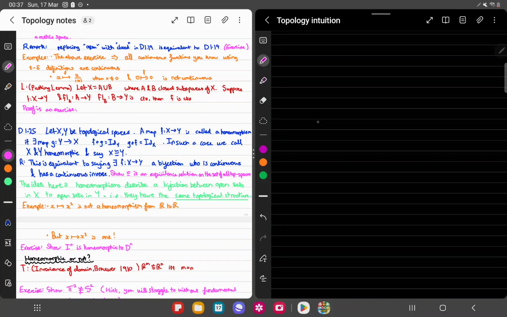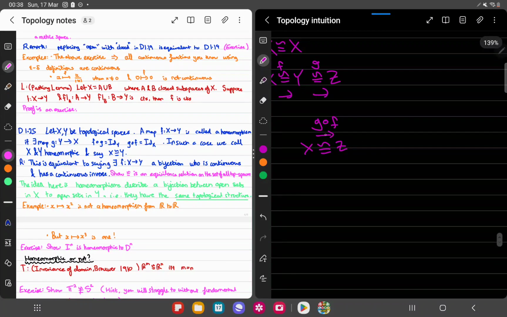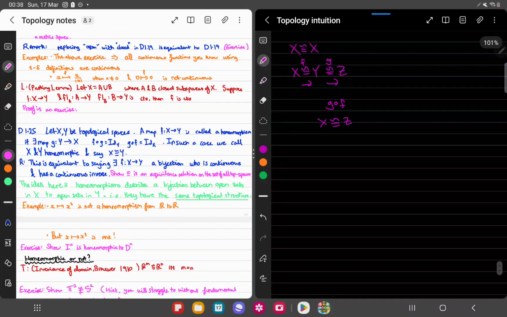And showing that being homeomorphic is an equivalence relation on the set of topological spaces is not hard, because, well, you're homeomorphic to yourself by the identity map, and if you're homeomorphic by f to Y, and then homeomorphic from Y to Z by g, then g composed with f is a homeomorphism from X to Z.